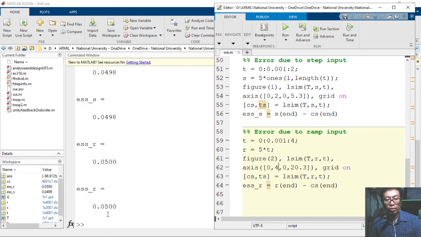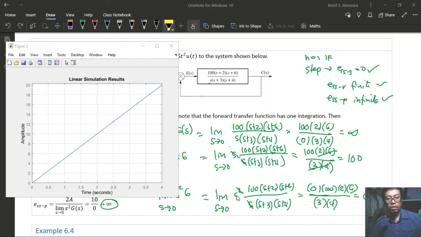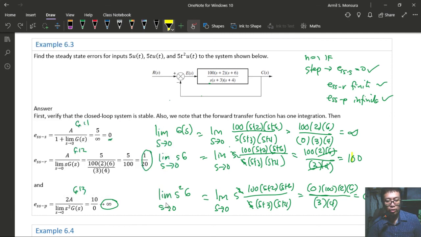So, ayun. Ganun pa rin yung error niya. 0.05 pa rin. Okay. So you may want to use MATLAB para ma-verify nyo rin yung results nitong parabolic input. Para makita niyo na yun nga yung magiging error niya, which is infinite.